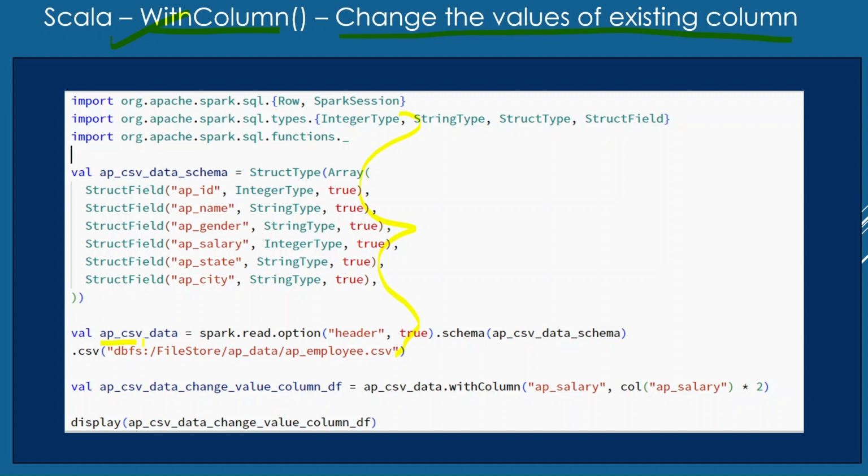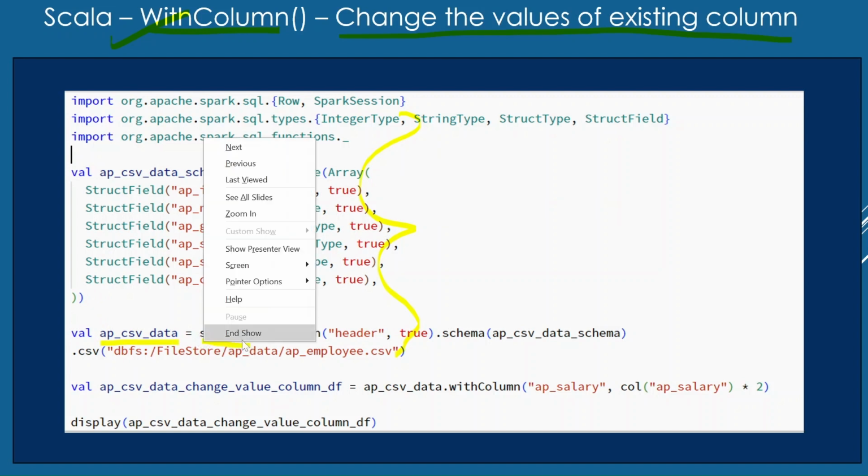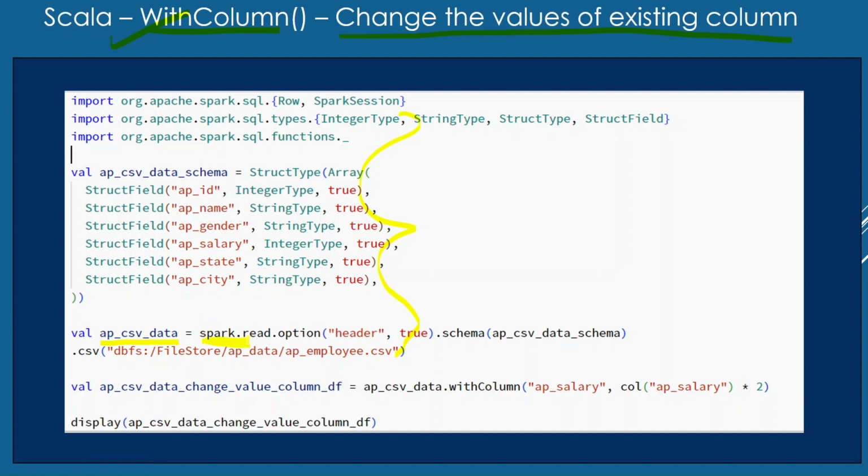We are just creating a data frame by using the spark.read function and reading this CSV file by passing the custom schema which we have created with the help of StructType and StructField, and this schema has 6 columns.